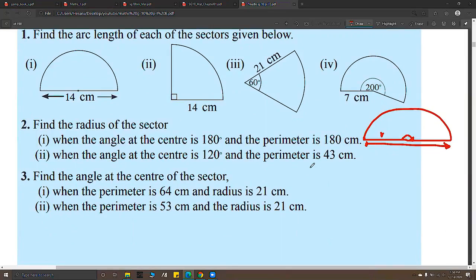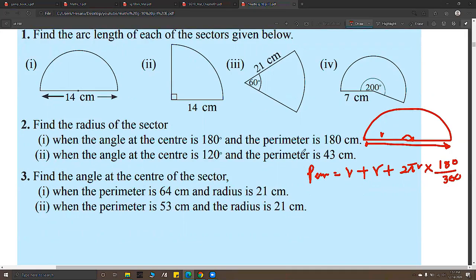Perimeter equals r plus again r, plus now the arc length. How can we get the arc length? It's 2 pi r times 180 over 360. So now we have an equation for the perimeter.